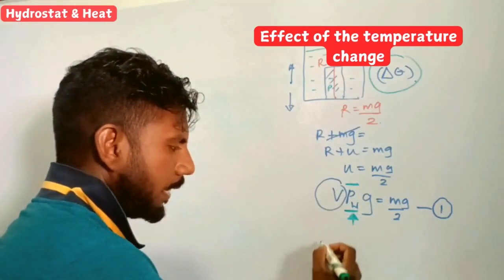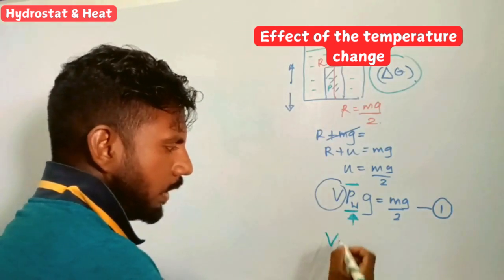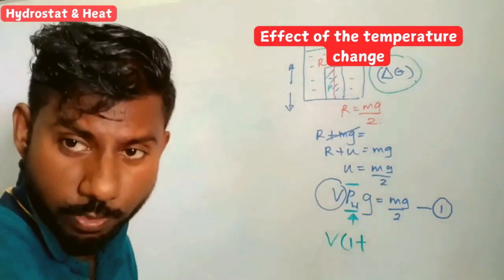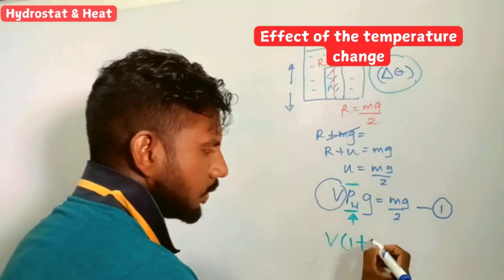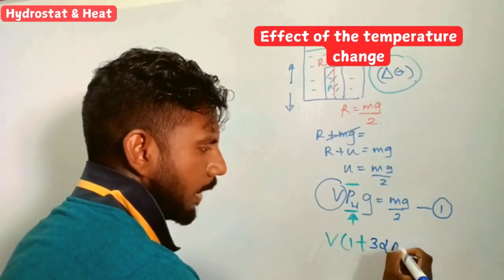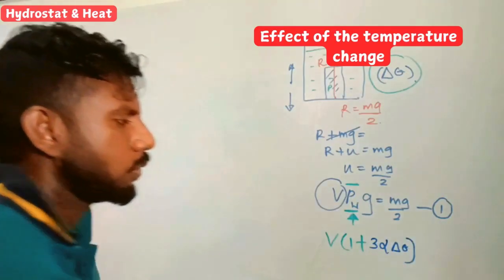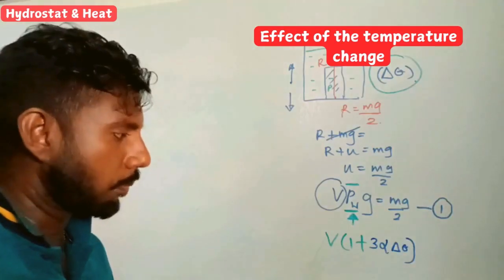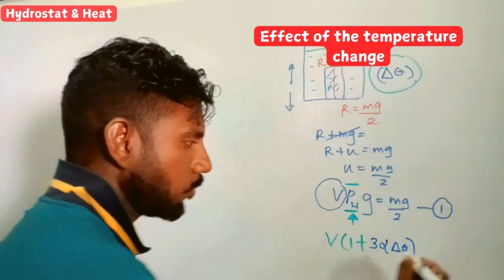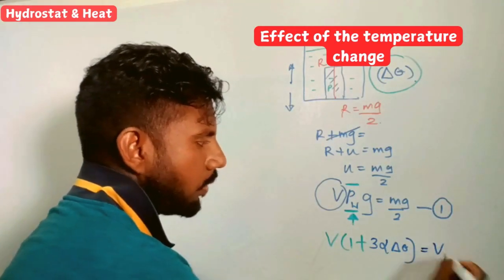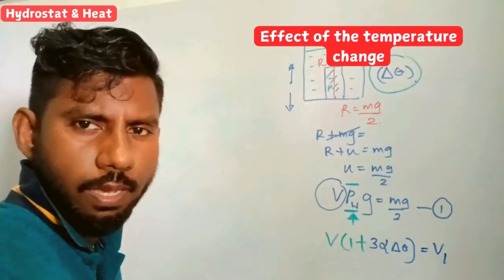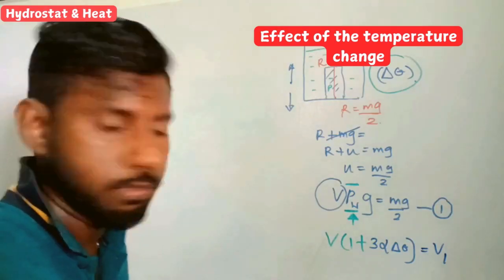So V will become V into 1 plus 3 alpha delta theta. Linear expansion is given as alpha, so volume expansion is 1 plus 3 alpha delta theta. This is the final volume, say V1, of the block after the temperature increment.